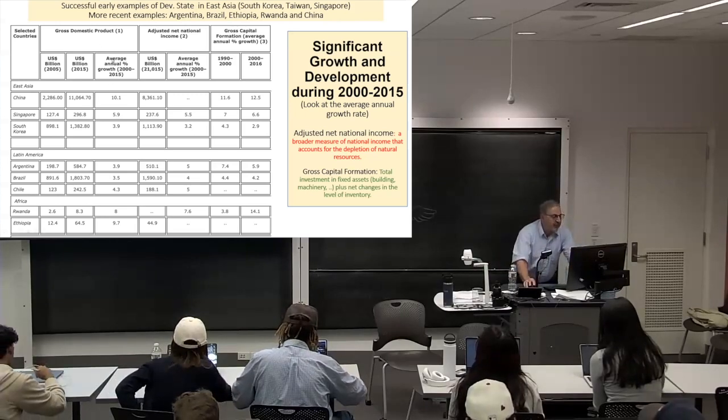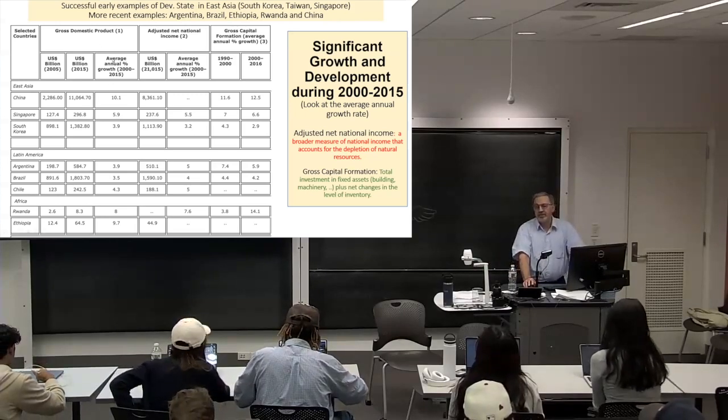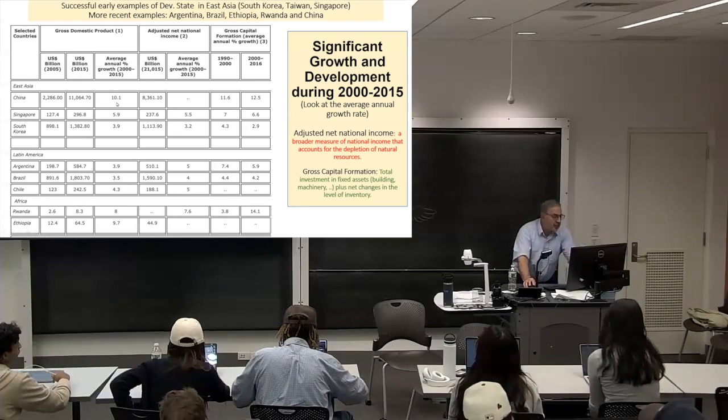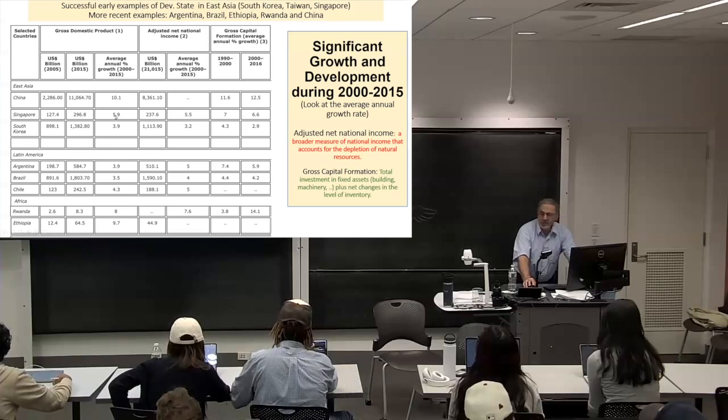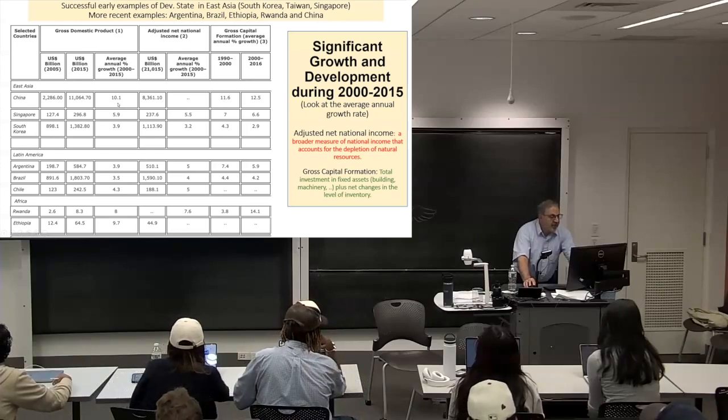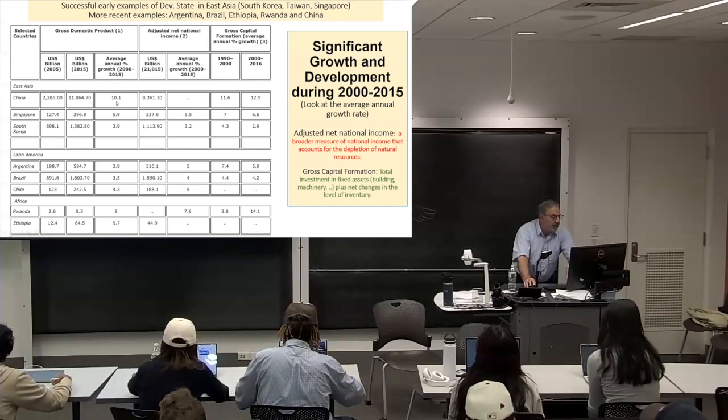So look at the average growth rate in this period. What do we observe in terms of average growth rate? Good numbers, correct? GDP average growth rate for this period of 15 years, China experienced an average of 10% growth.